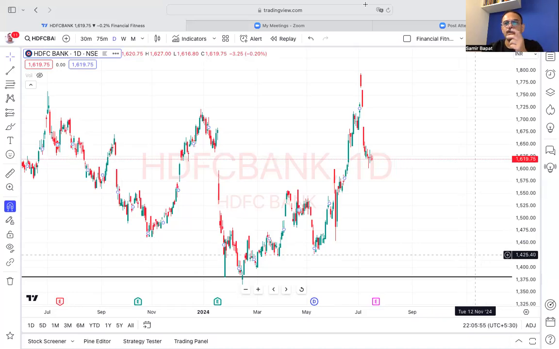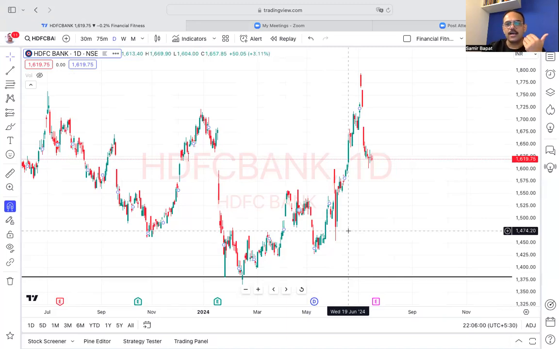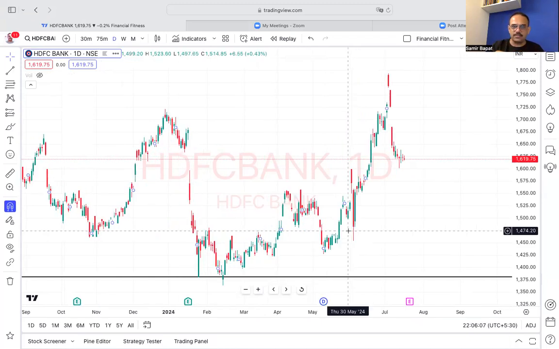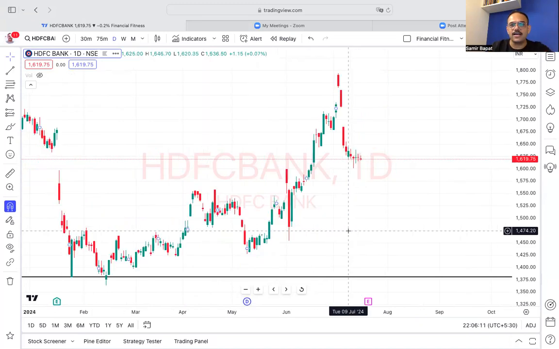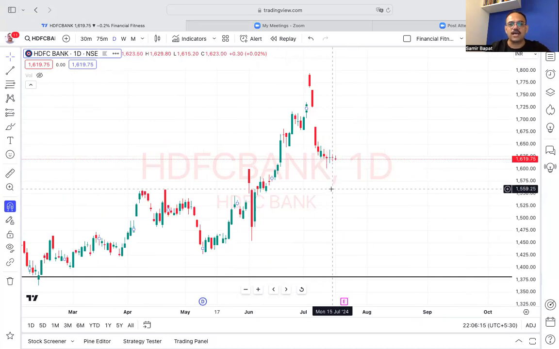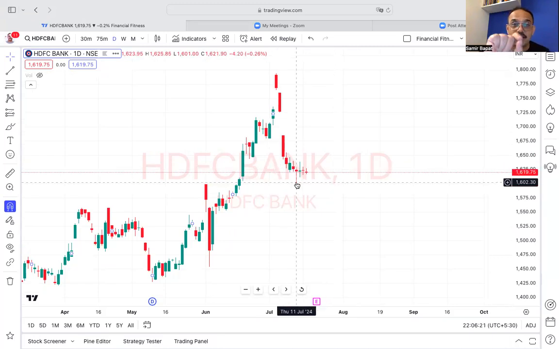So I have covered two concepts. One is the longer lower wick, you may call it a hammer, or you may call it a hanging man. But what is the philosophy of longer lower wick? The philosophy is the bulls are fighting back. The bulls are pulling the market or the price up. Where is it most important?